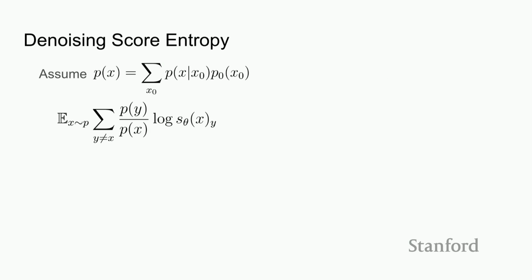To look at denoising score entropy, here's the idea. If we assume that our px is equal to a convolution between a base distribution p0 and some kernel p, then we can write out our probability as a summation over all x0. When we do that, we can take a look at our initial score entropy loss, and the idea is we can remove the expectation first. We move in the px, and that gets rid of the px in the denominator, leaving the summation over all x.